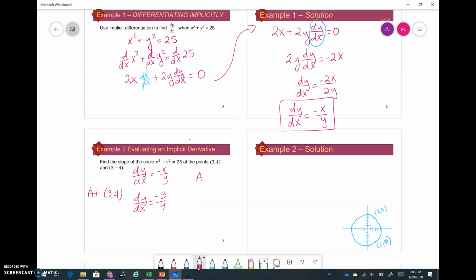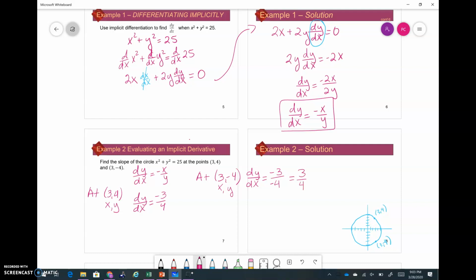And at (3, negative 4), that dy over dx, that slope, gives me negative 3 over negative 4. And all I'm doing is plugging in x and y, because every ordered pair is x comma y. So nothing fancy.